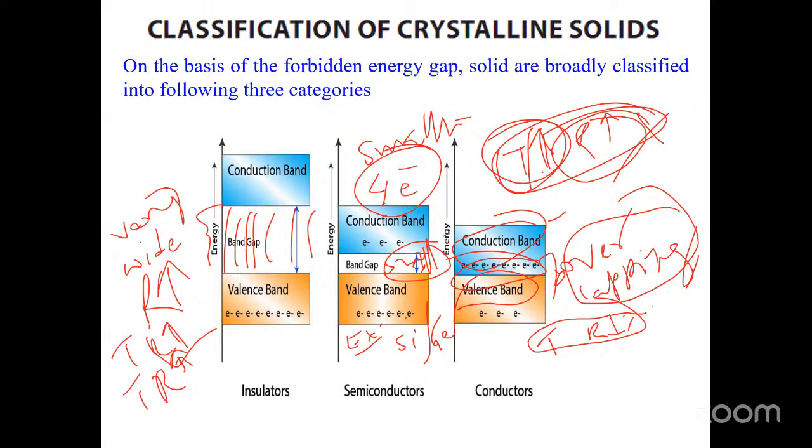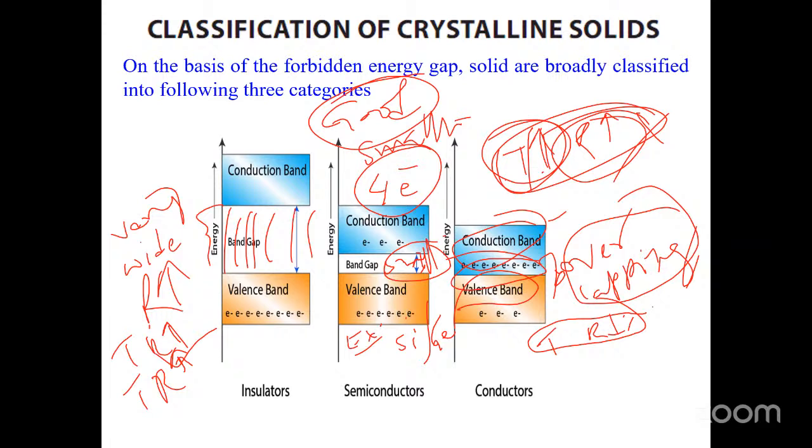At room temperature, these may work as conductors, but at a higher temperature, these materials can work as good conductors. Semiconductors may work as good conductors. Please remember this. What do you mean by good?